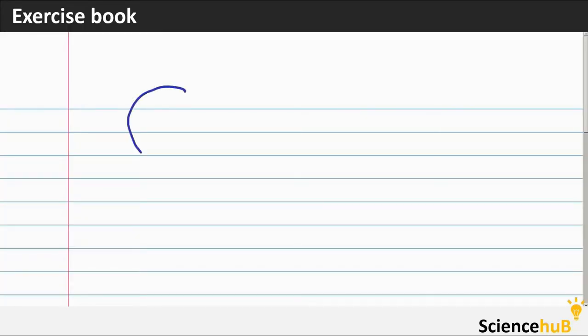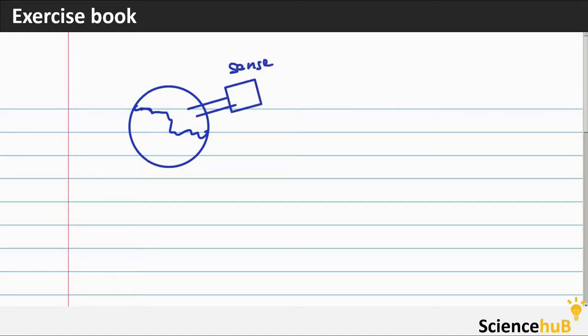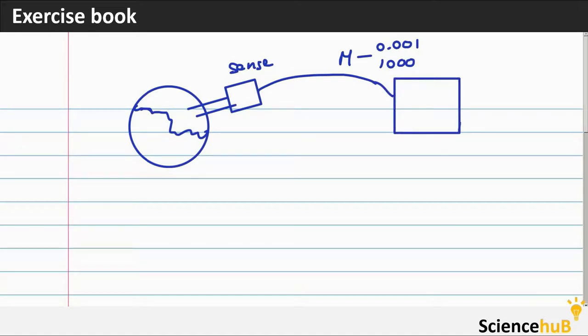Okay. Let's think this is our Earth. And there is a sensor to sense the impact of an earthquake. This output M is in the range of 0.001 to 1000, let's say. The Richter scale is here, and the output is in the range of +3 to -3.